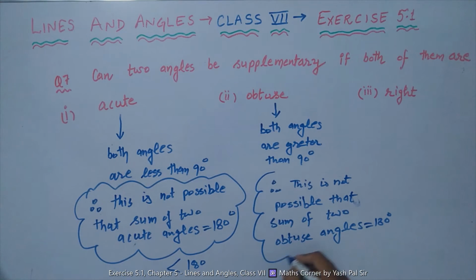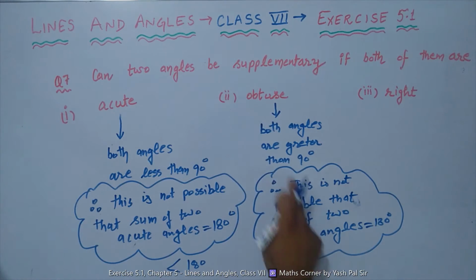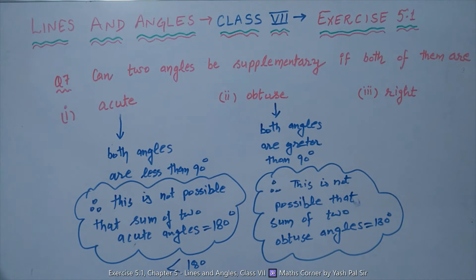So again, in the case of two obtuse angles, they cannot form supplementary angles.